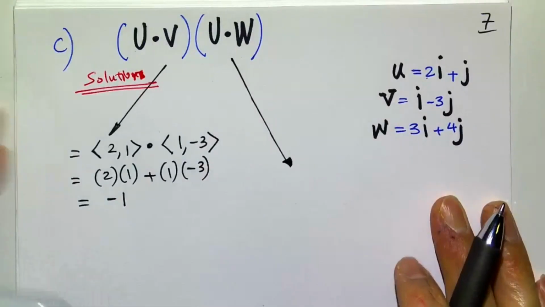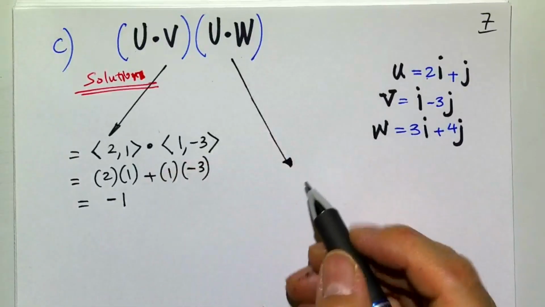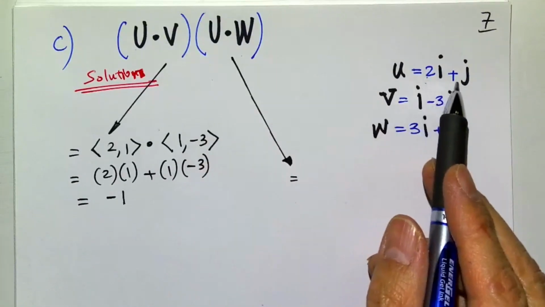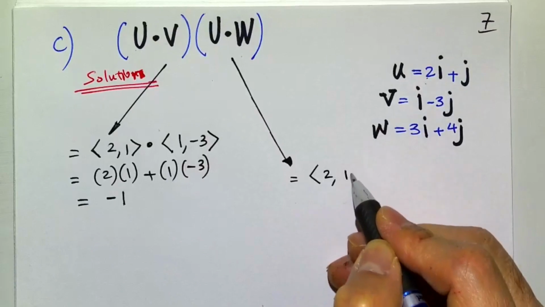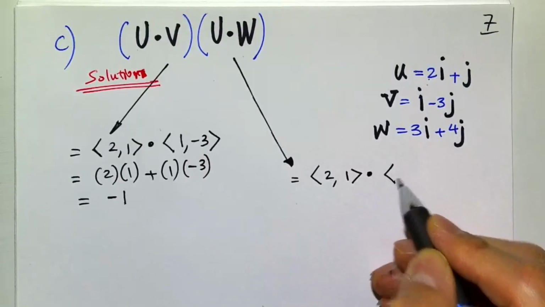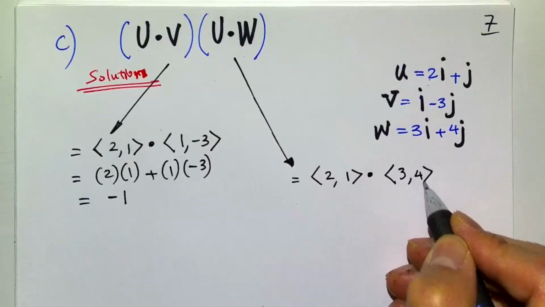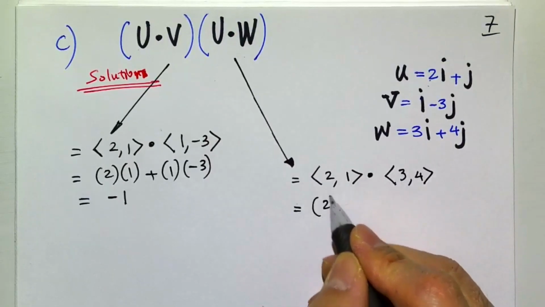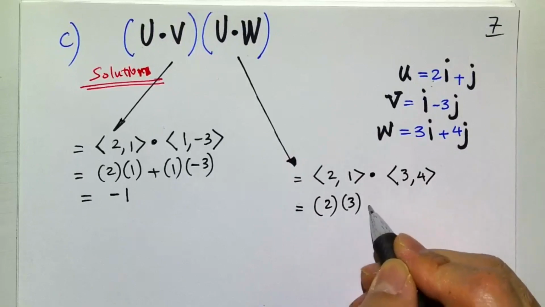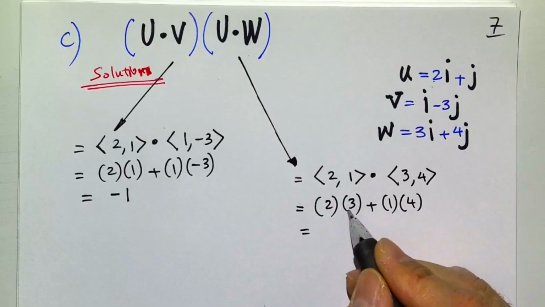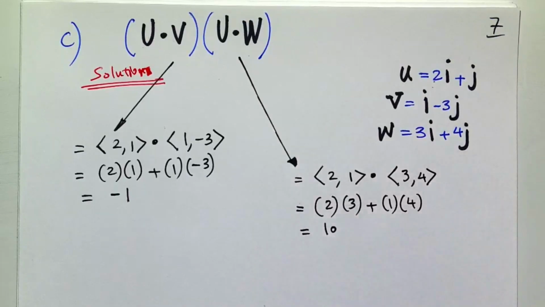Okay, so let's calculate the dot product u and w. So we have u is 2, 1. w is 3, 4. So 2 times 3 plus 1 times 4. We get 6 plus 4, that's 10, right?